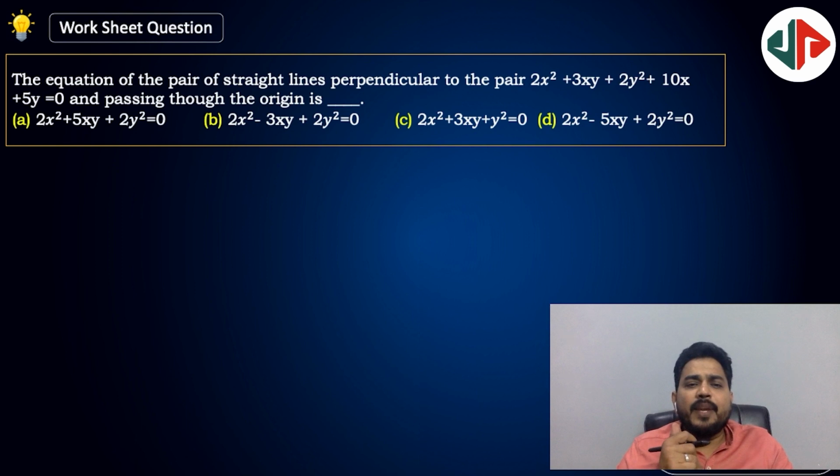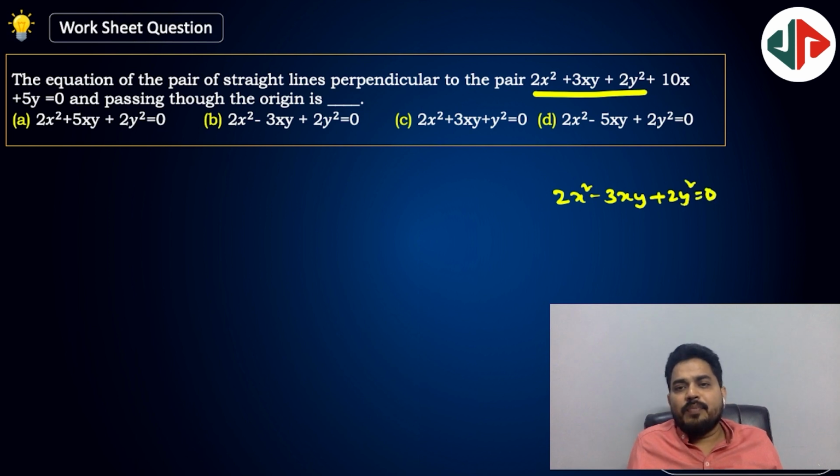The equation of the pair of straight lines perpendicular to this one passing through the origin is simply, you can concentrate on this one: 2x square minus 3xy plus 2y square is equal to 0, because interchange these two and change the sign of this, that will be enough.